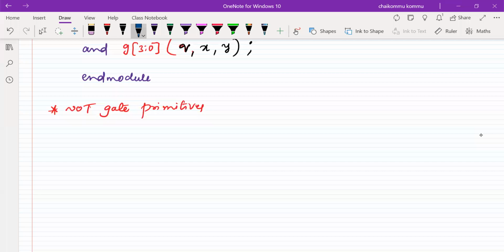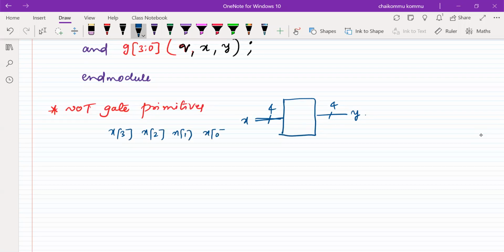Consider only one input called X, 4-bit size X, and it produces 4-bit size Y. What does it mean? For example, we have x of 3, x of 2, x of 1, x of 0.